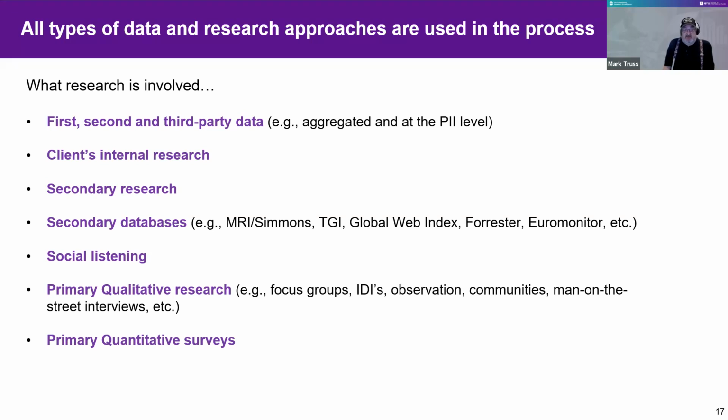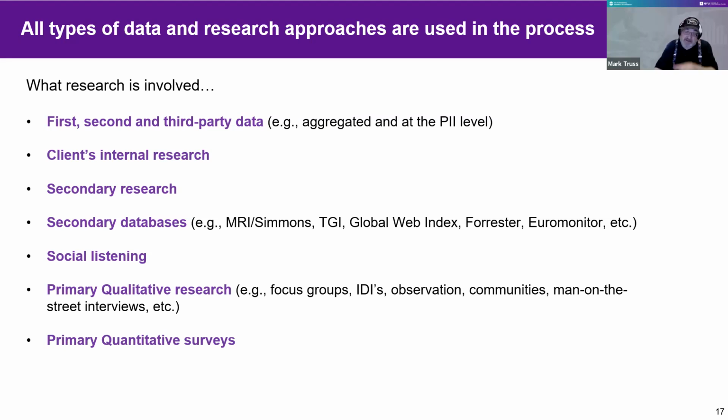Social listening, which can help us understand how people are talking about a brand or a category in a marketplace. And then a fair amount of primary qualitative and quantitative research that we conduct to help us understand all those things we just went through.